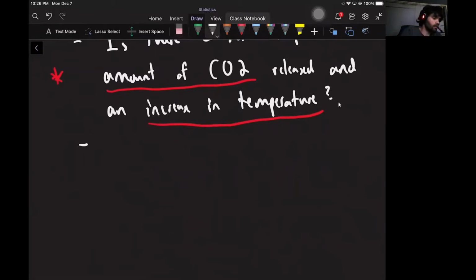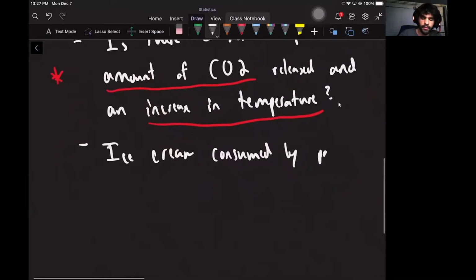So for example, the amount of ice cream consumed by people versus the amount of murders.